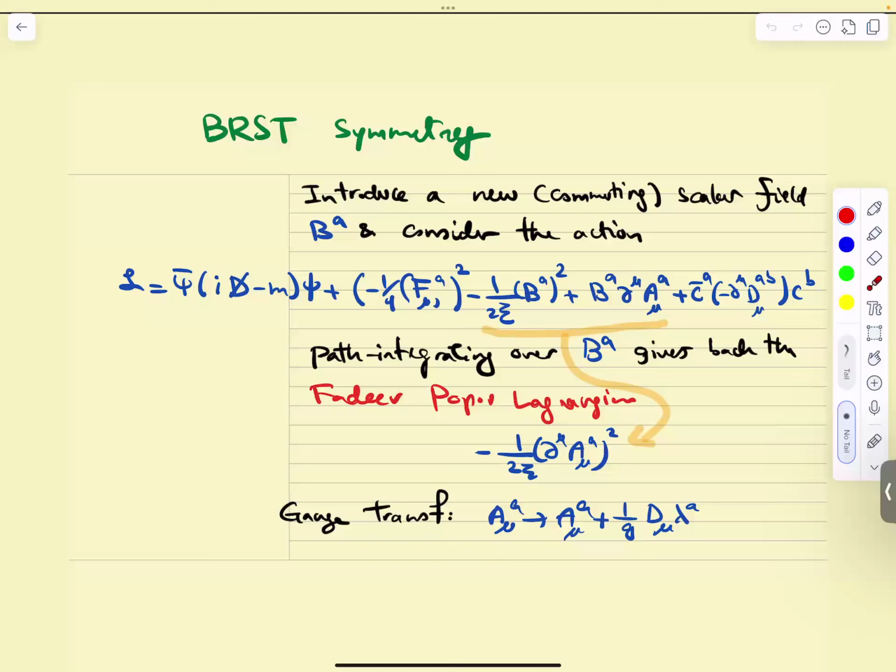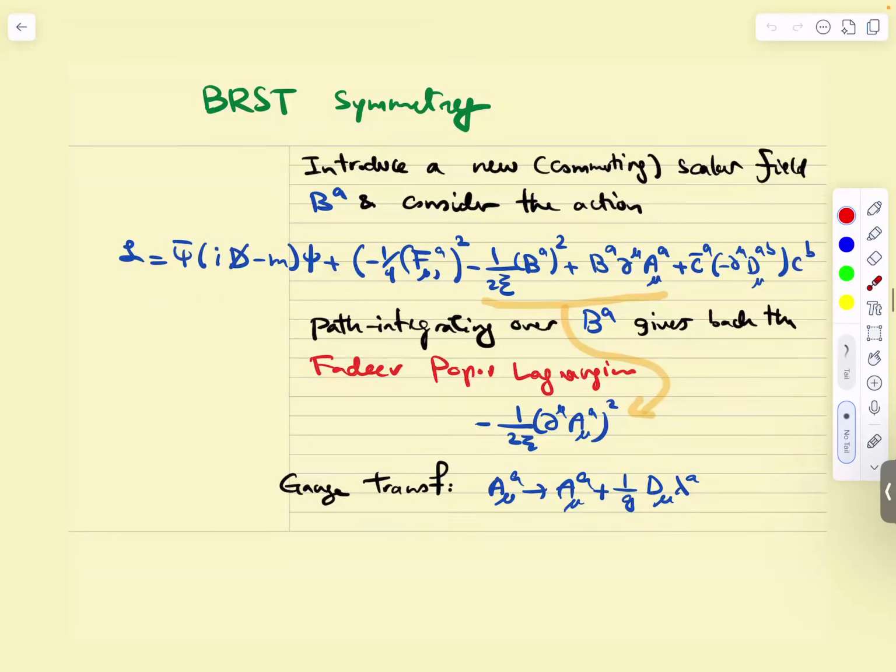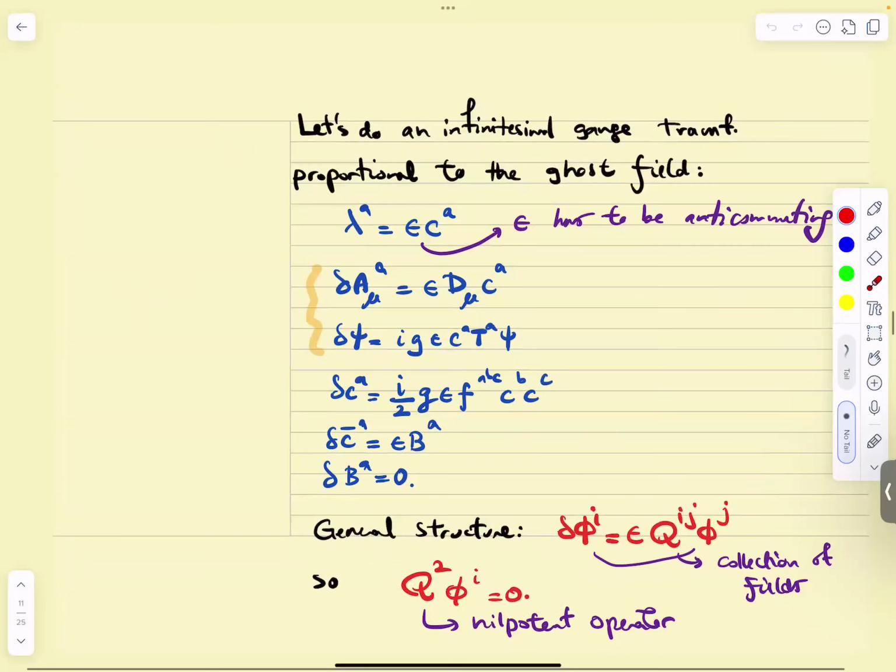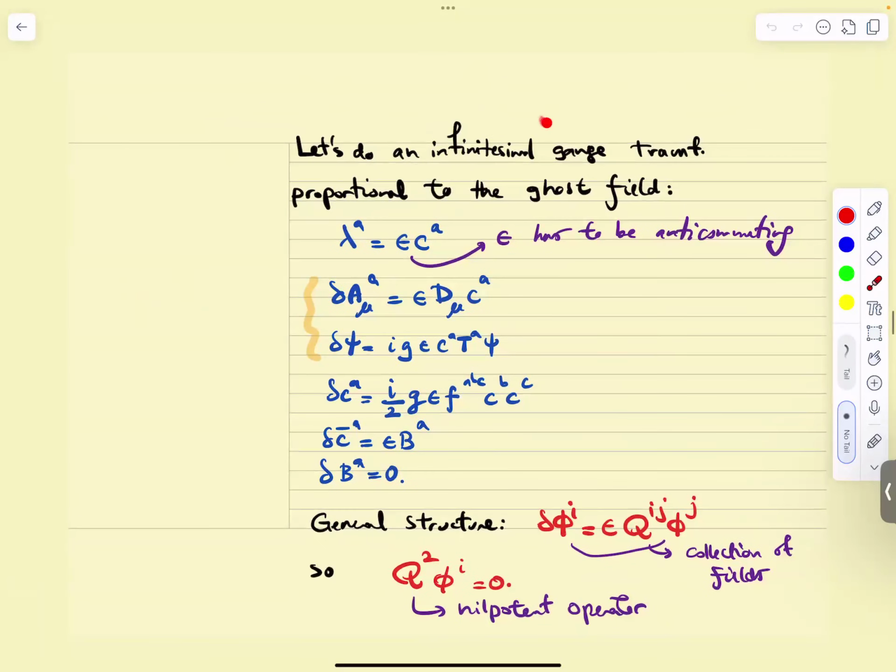So what are your fields? You have the fermion, you have the gauge field, you have B's, and we have ghosts and anti-ghosts. Let's do an infinitesimal gauge transformation proportional to the ghost field. What does it mean? The gauge parameter that we had, λ^a, I'm going to pick to be ε c^a, where c^a is a ghost field.